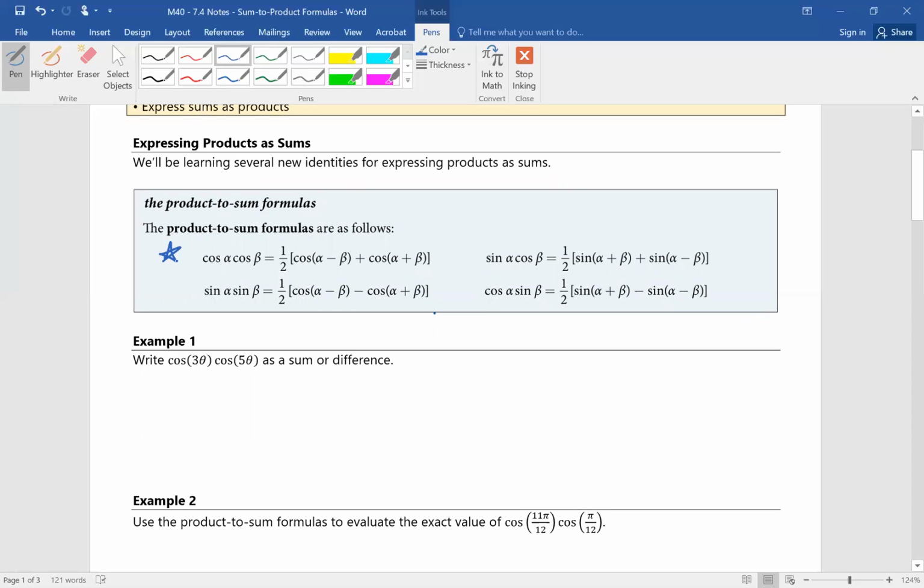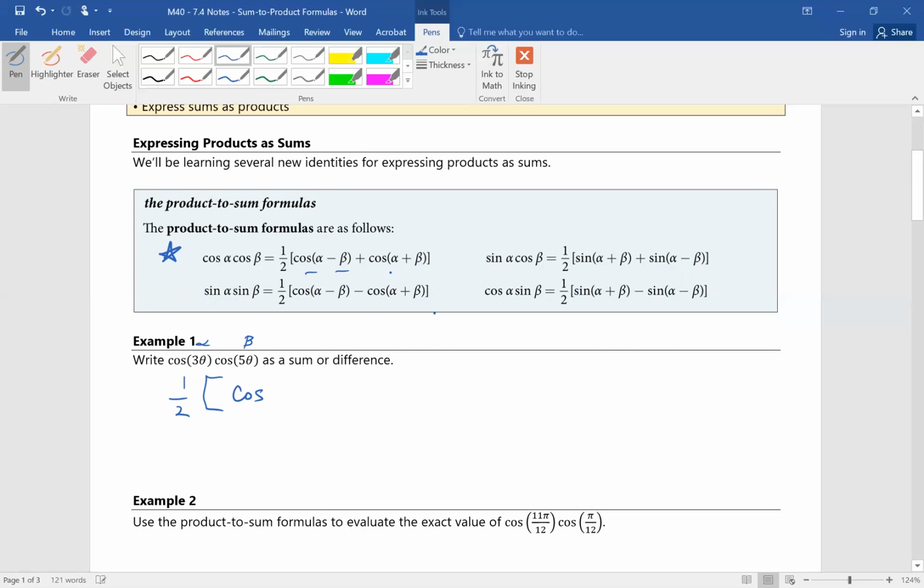Now, if the choice is write it as a sum or difference, in other words, they're letting you choose out of the four possible identities there, we're going to choose the one I just starred, and we're just going to copy down the formula. And when we copy it down, we're just going to put the right angles in the right spot. So there's 1/2 cosine. Now this is going to be like alpha, and this is going to be like beta in the formula.